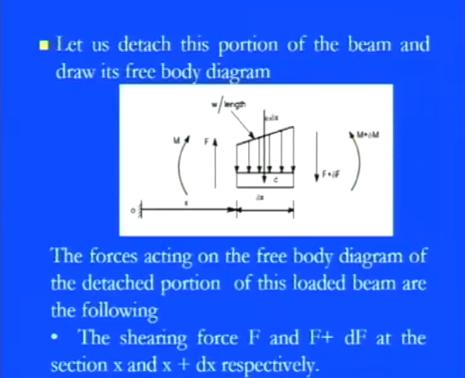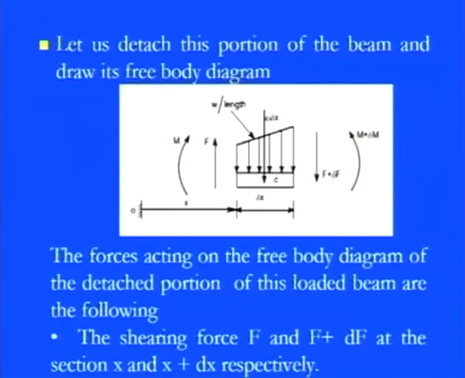On the other side it will be counterclockwise, and after dx the magnitude is M plus dM. So M moves clockwise and M plus dM moves counterclockwise, giving a sagging situation. Under the loading W into dx and these reaction forces, we have a positive shear and at the same time a positive bending moment.